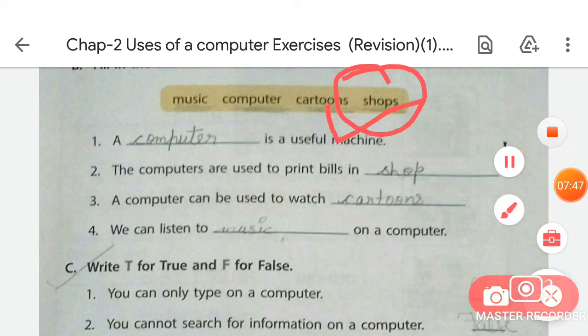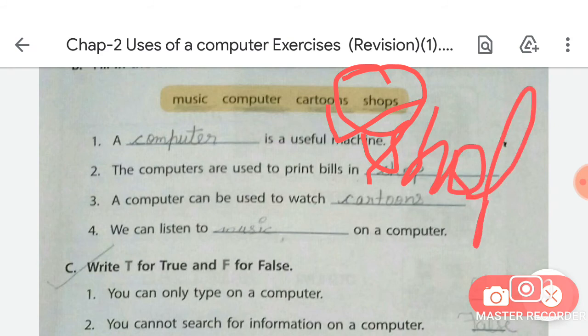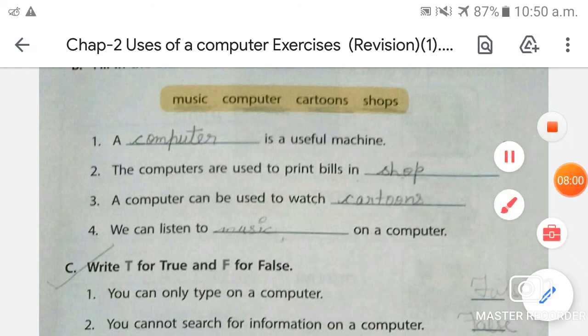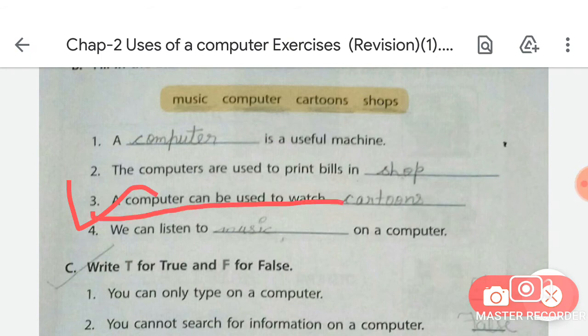So shops is the correct answer, and you have to write shops over here. Is that clear? Now the third one is, a computer can be used to watch dash.